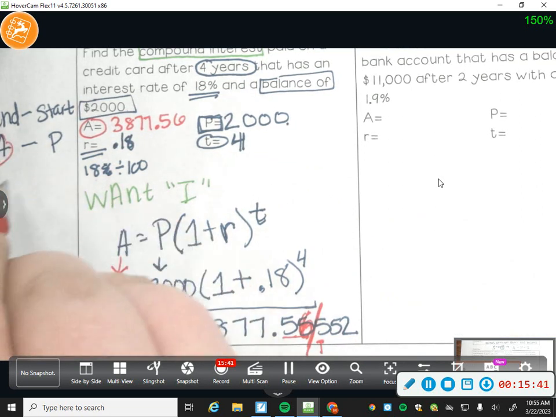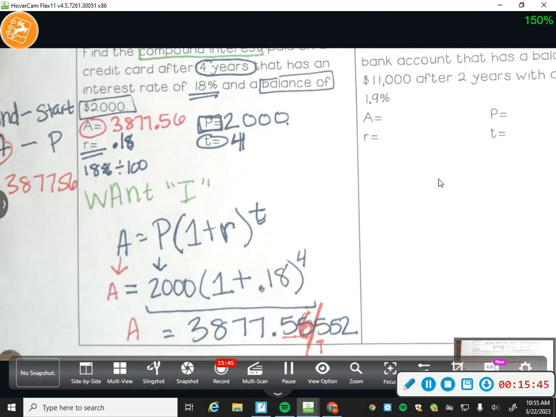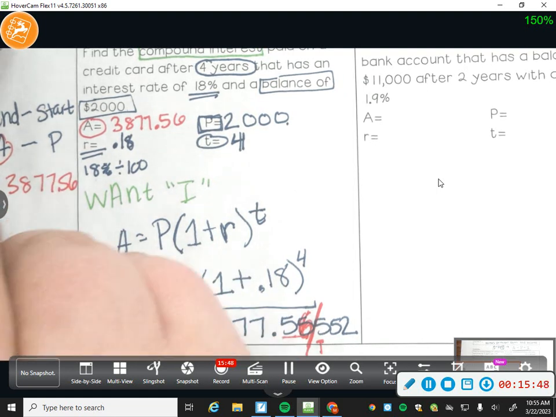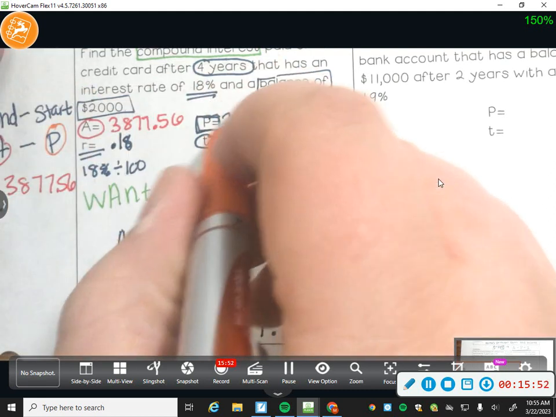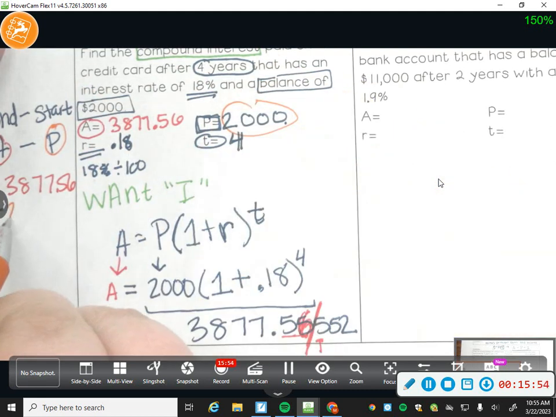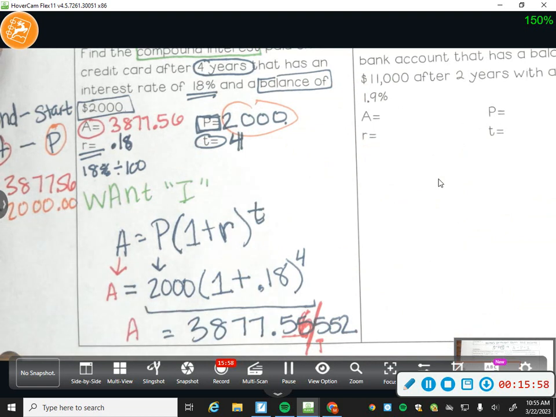A was 3,877.56 minus P is 2,000. Now we're just going to find the difference of that to get I, or the extra stuff.